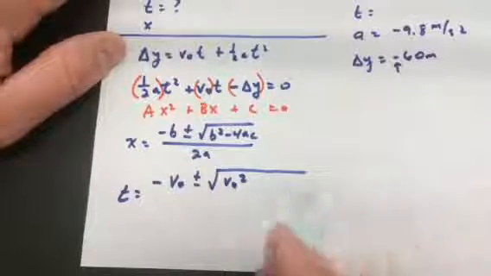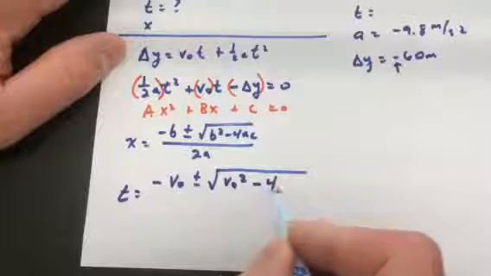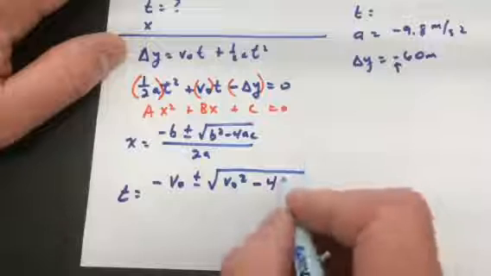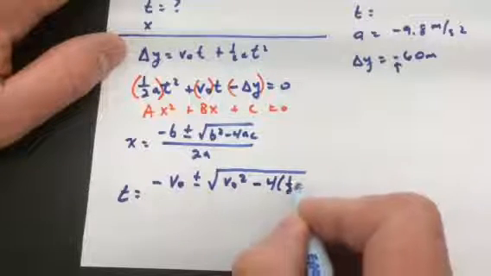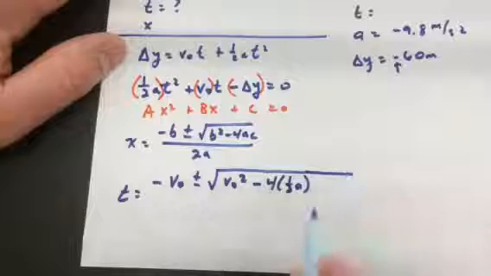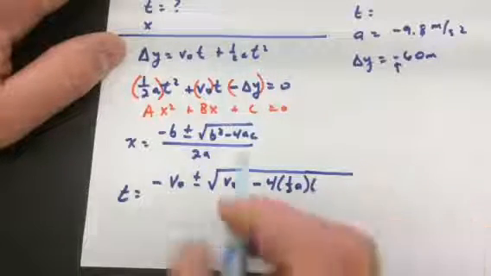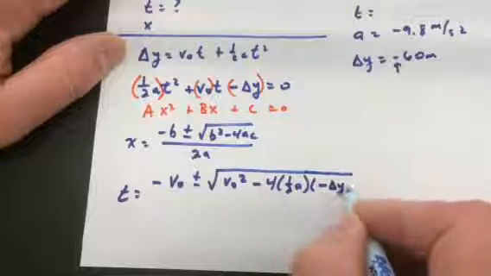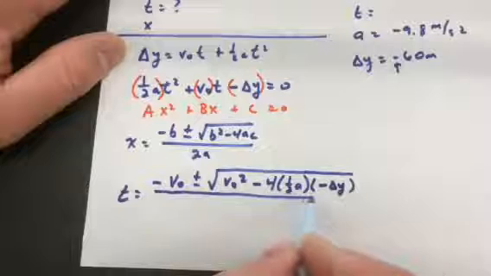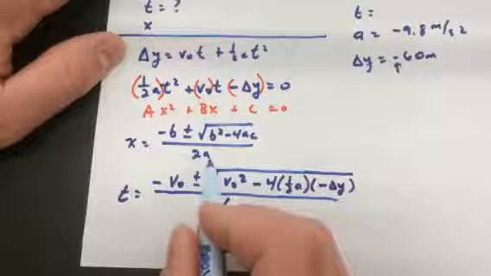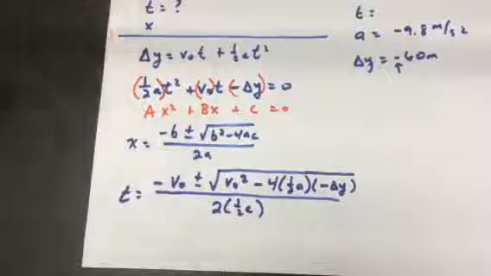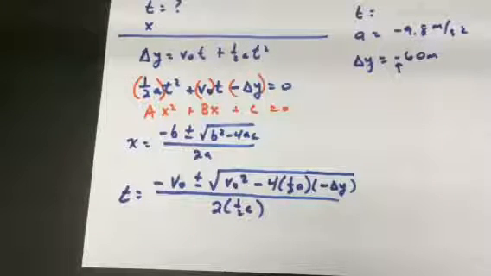Okay, this is going to get a little messy here. Minus 4. What is our a? Our a is 1/2 of the acceleration. Times c. What is our c? Our c is negative delta y. All over 2 times what our a is, 1/2 a. Okay, so this will simplify down a little bit.